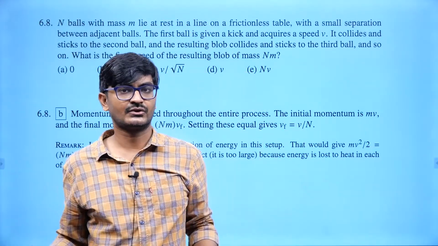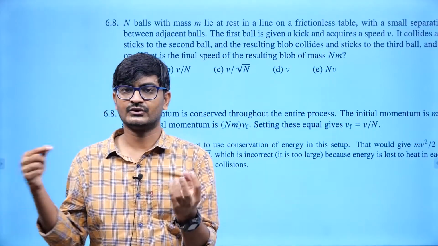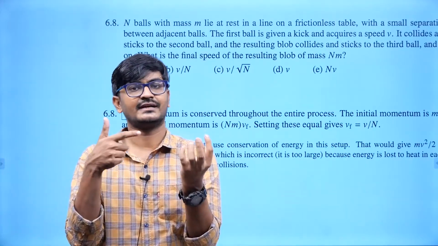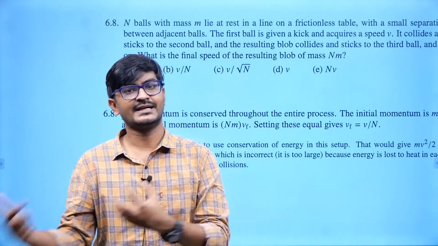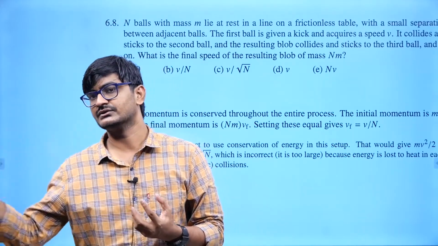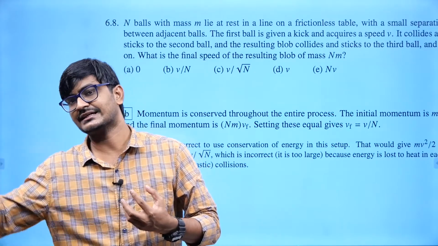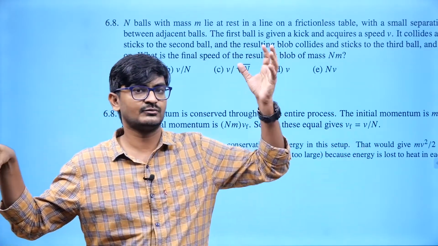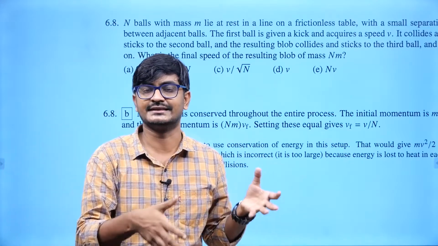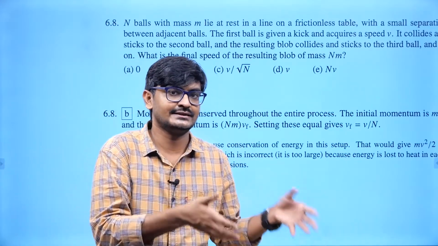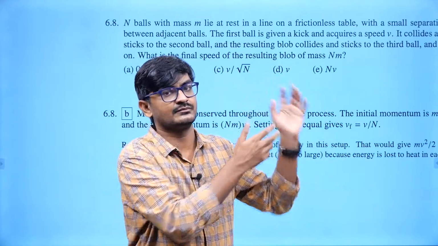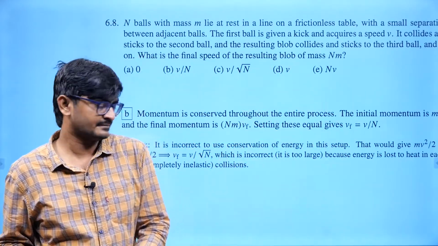But that's not true, because the collision with the bob is going to be a perfectly inelastic collision. In a perfectly inelastic collision, there will be kinetic energy loss. So you can't use the initial kinetic energy as fully converted to potential energy because something is going as heat. So what you need to do is, after collision, whatever kinetic energy is available, that will go as potential energy, right?